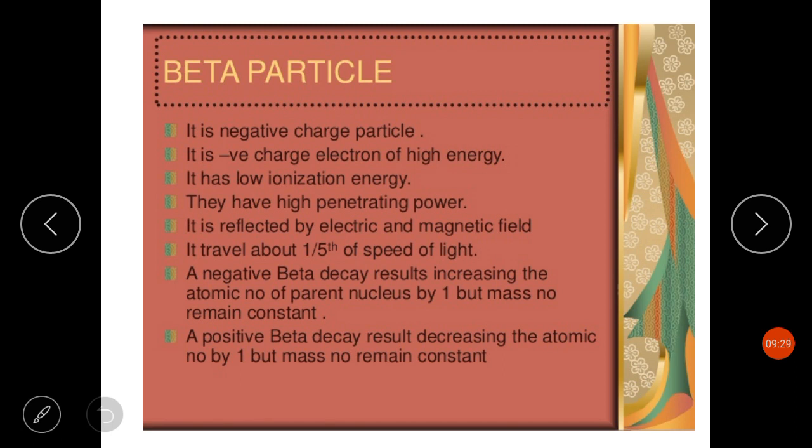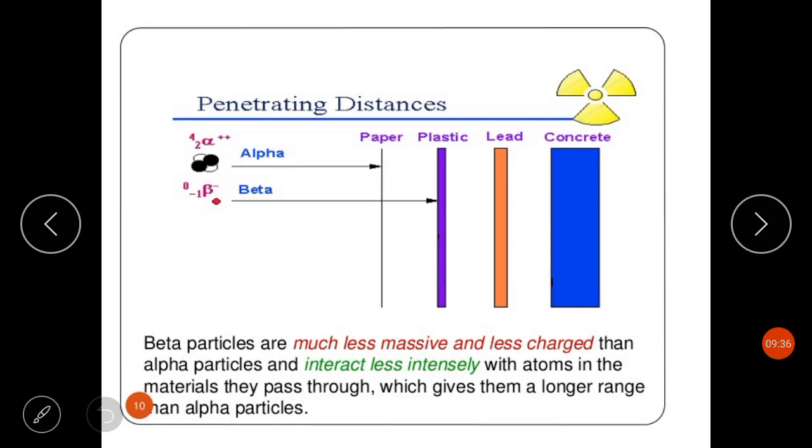But their small size gives them much greater penetration power. Most resources say that beta particles can be stopped by a 1/4 inch thick sheet of aluminium.